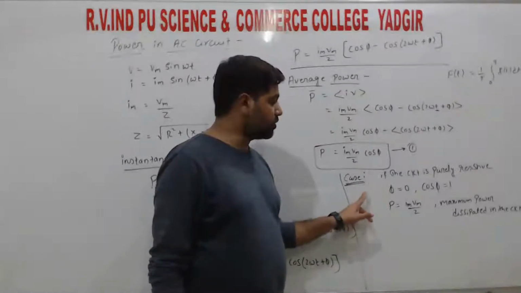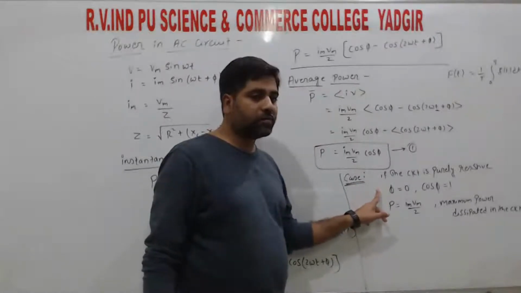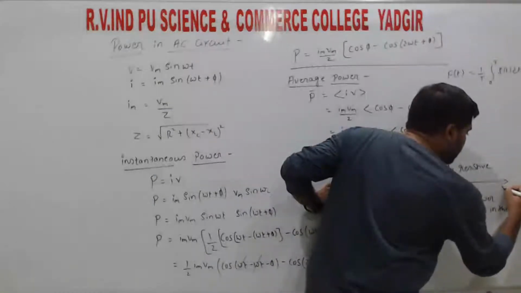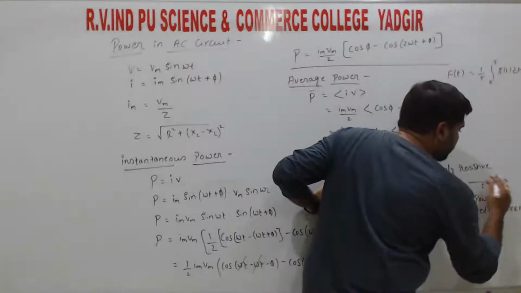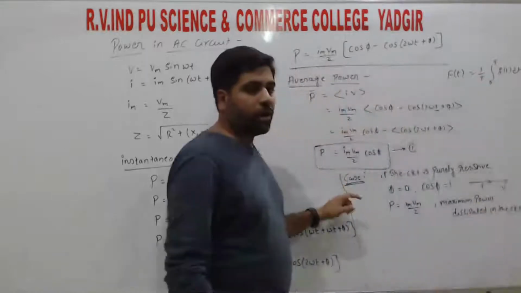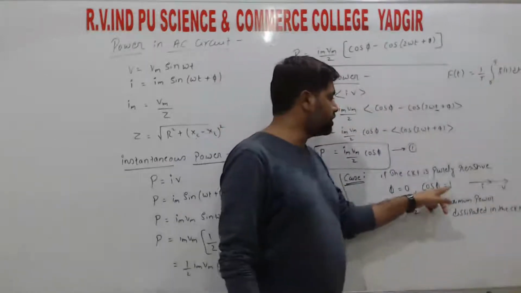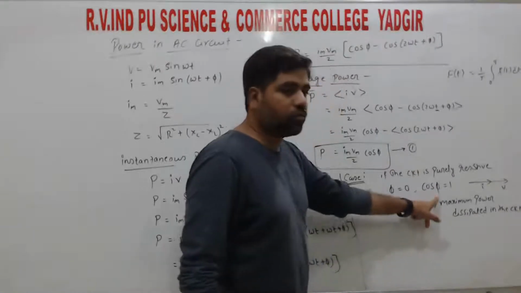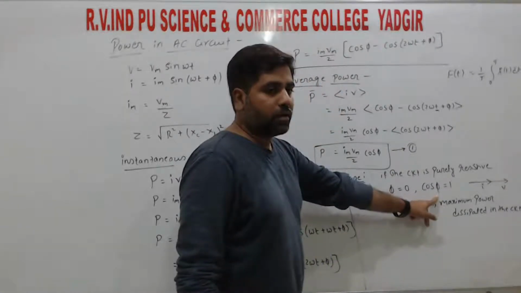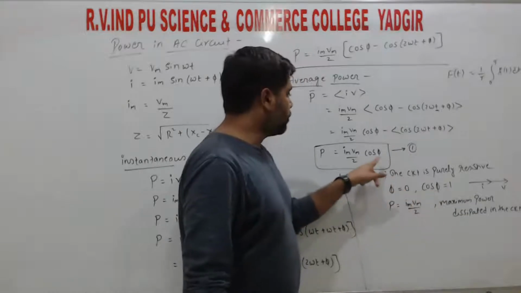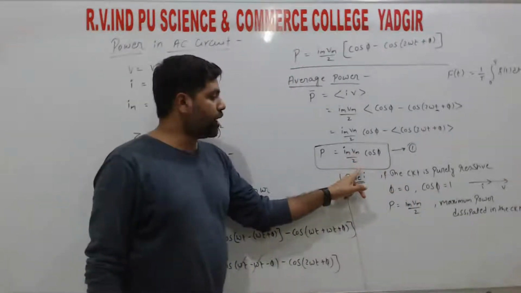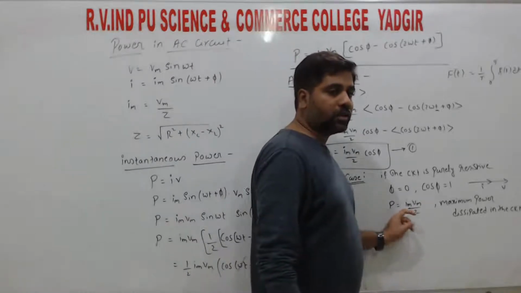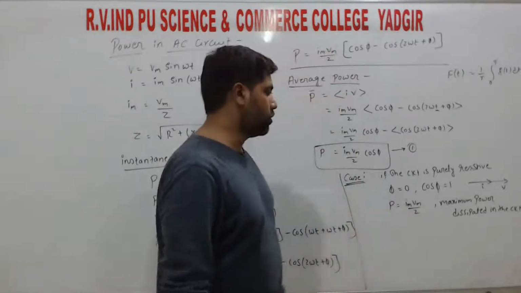This is the first case. Current and voltage are in phase, so in the phasor diagram V and I are parallel, that means the angle between I and V is 0. As cos phi is 1, substituting gives Im Vm by 2, so there is maximum power dissipation or power loss in the resistive circuit.